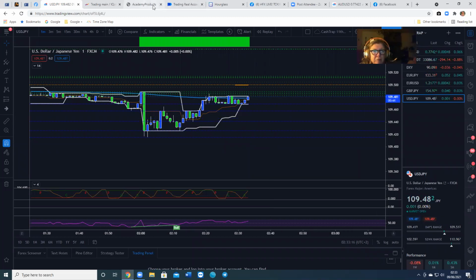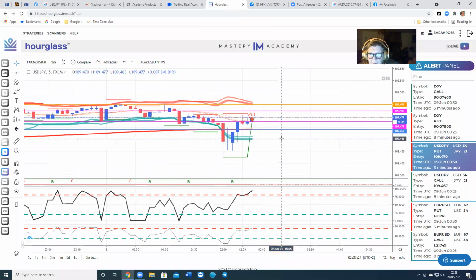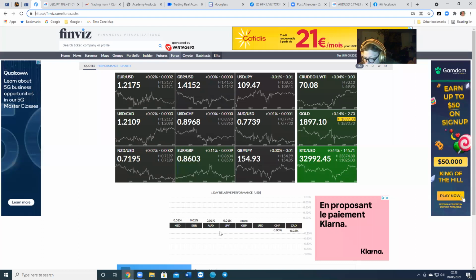That was scary. So where are we on hourglass? Let's have a look at it on here. So it's popped up to 477 on here. Just pop back up. And the dollar is 34 to 21. It's on the half hour.